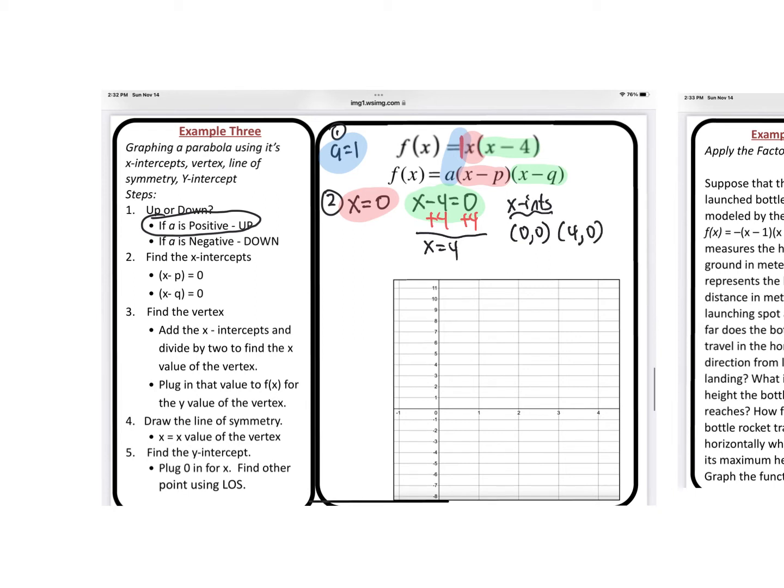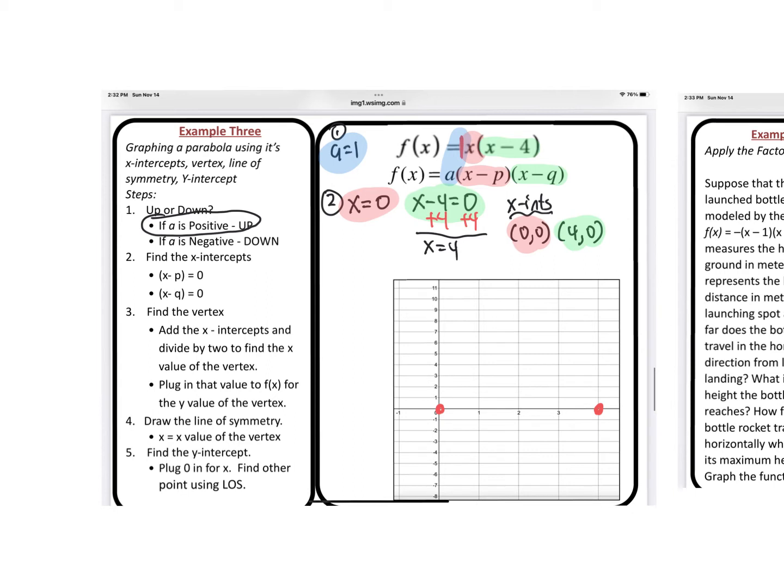Let me highlight those so we can see how all these pieces line up. Okay, so let's plot these points. Over here, this is 0, 0, and this is going to be 4, 0. Now we are on step 3, when we find the vertex.